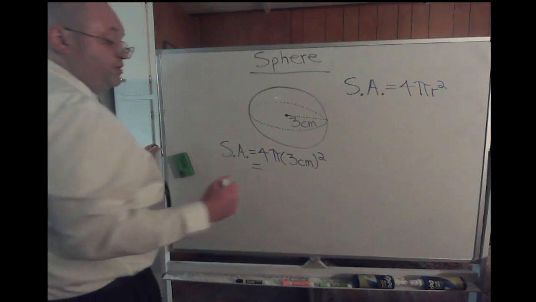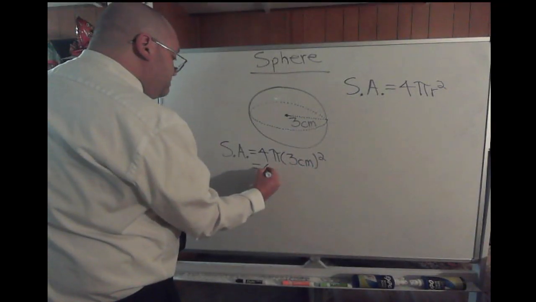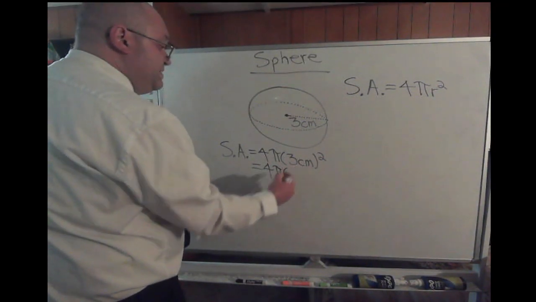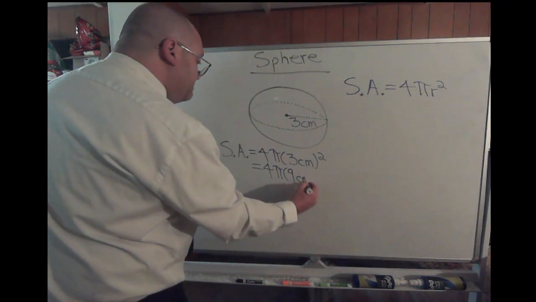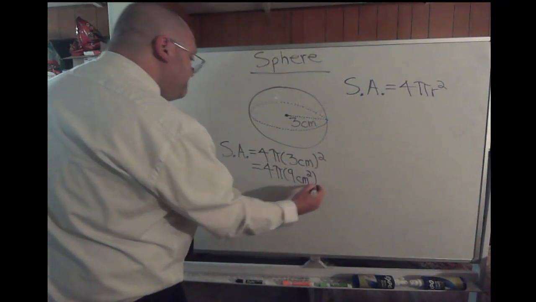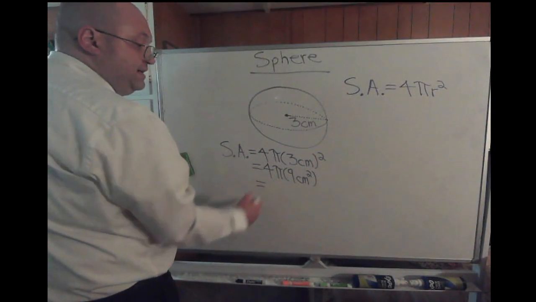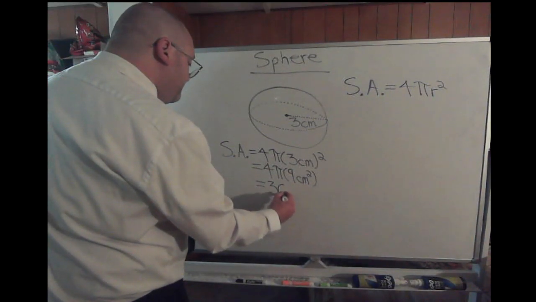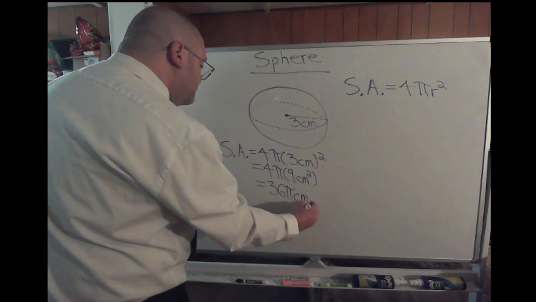Well, order of operations dictates we do the exponents first. We'll have 4 times pi, then 3 to the second power is 9, centimeters to the second power, that becomes square centimeters. So now we'll simplify this. We'll treat pi like a variable. 4 times 9, that's 36. So you'd have 36 pi square centimeters.